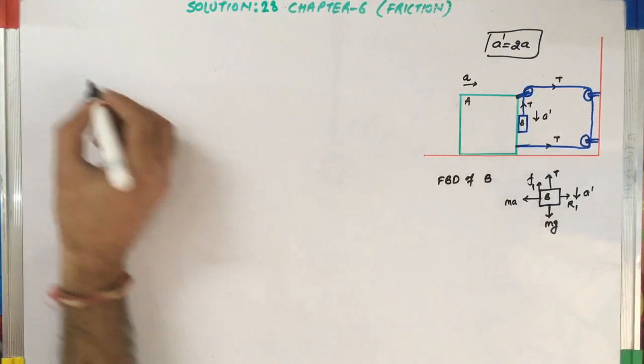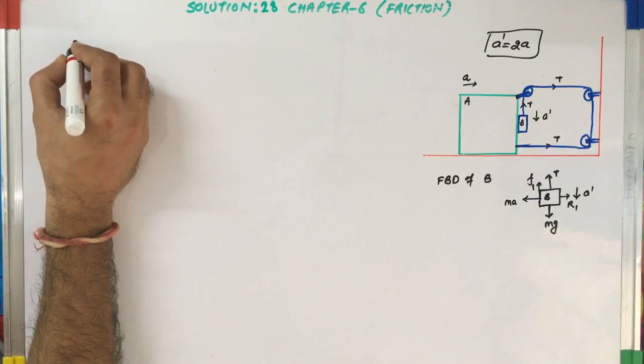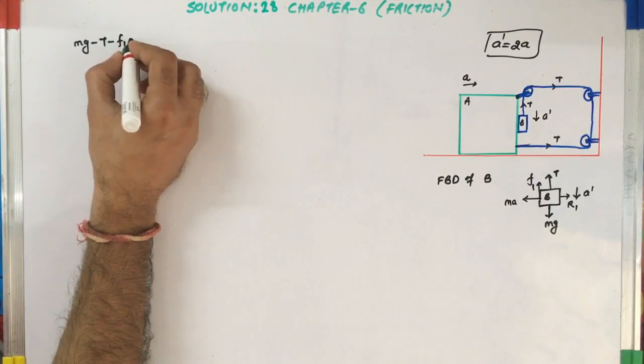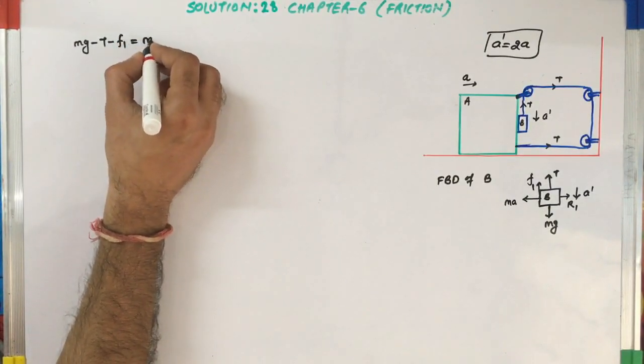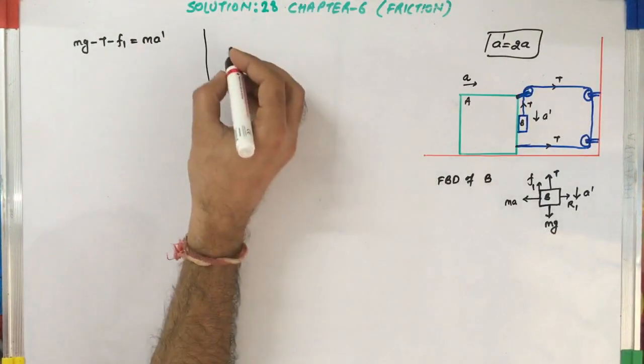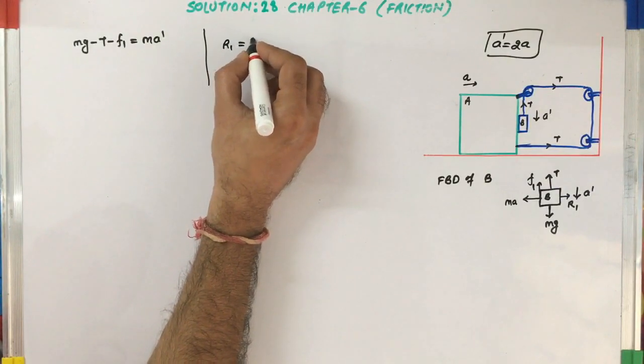Now for the vertical forces, we can say that mg minus T minus F1 is equal to MA dash. Also for the horizontal forces, we can say that R1 is equal to MA.